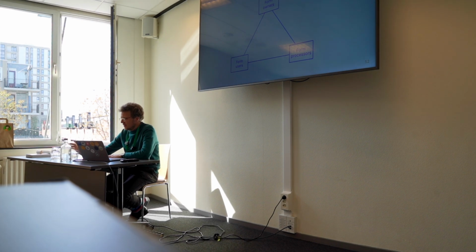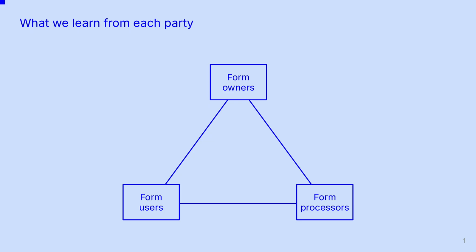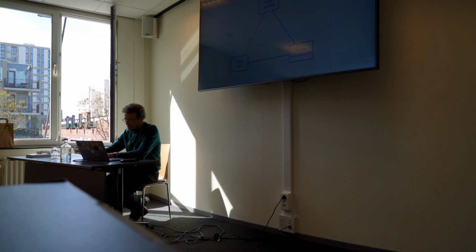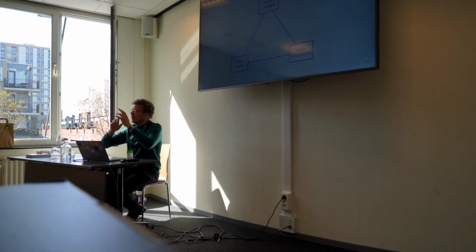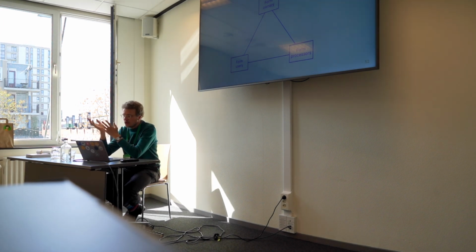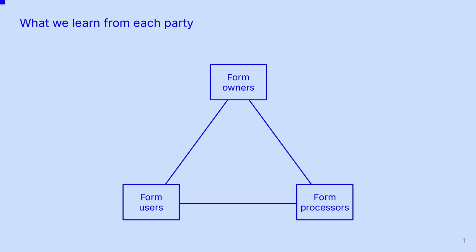Now, what do we actually learn from each party, from each corner? Because the form owners initially, when they come up with legislation and therefore a form, because we have those many legally binding forms, decide which inputs are desired.